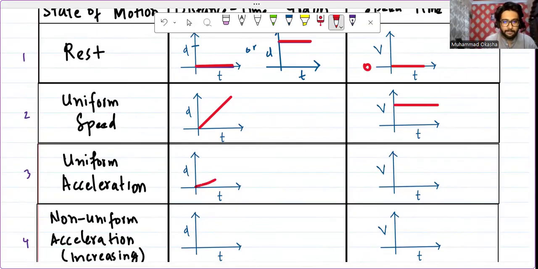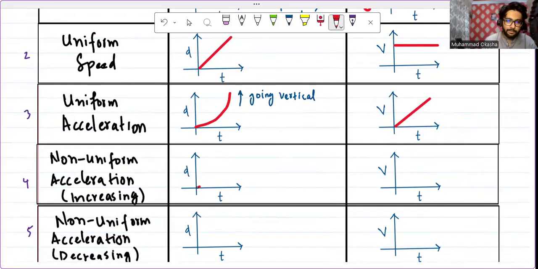Uniform acceleration is represented like this, a graph going upwards, which we say is going vertical, while uniform acceleration is represented like this on a speed time graph. Increasing uniform acceleration is represented like this, going upwards.